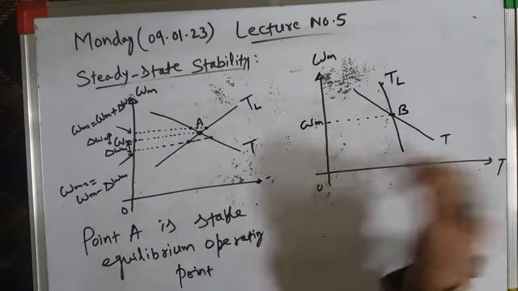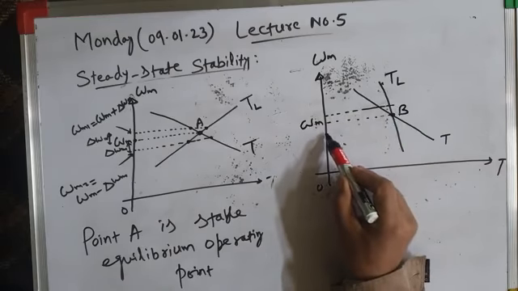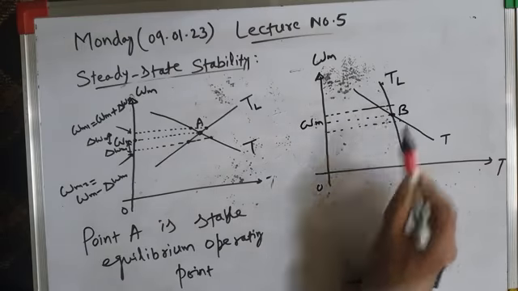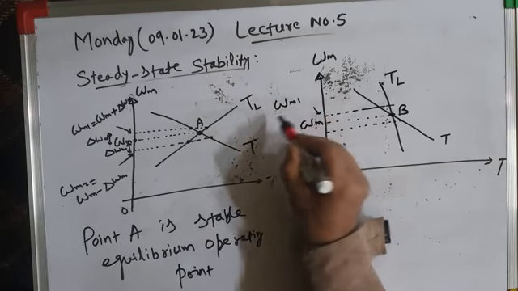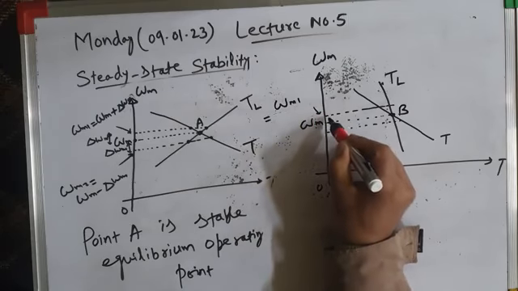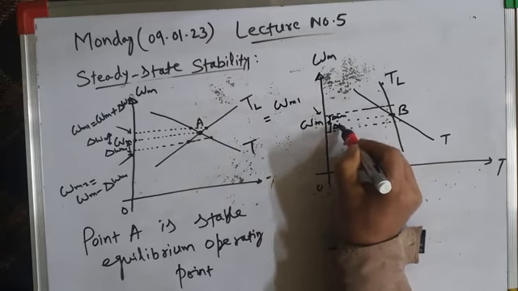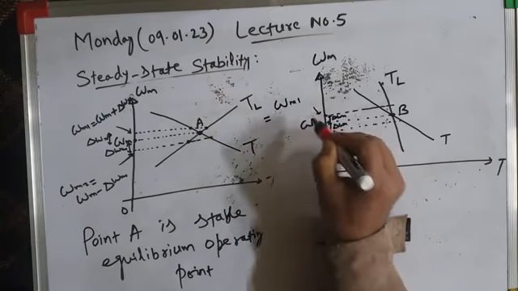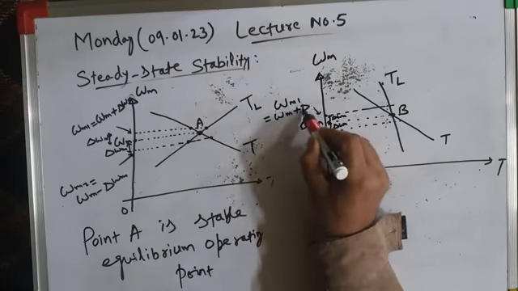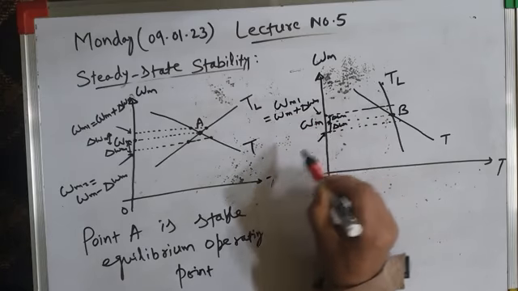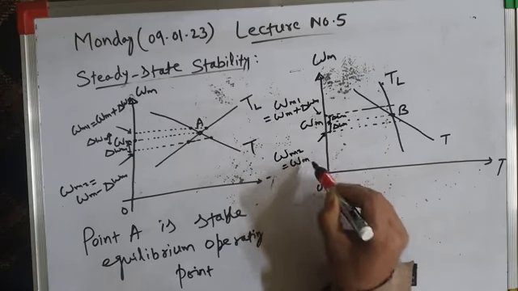Let us again give perturbations in the speed: let us increment the speed by delta omega m and again decrease it by delta omega m, giving omega m1 and omega m2. At this point, the new speed is omega m1 equal to the original speed plus delta omega m. And similarly, at this point, the new speed is omega m2 equal to the original operating speed omega m minus delta omega m.